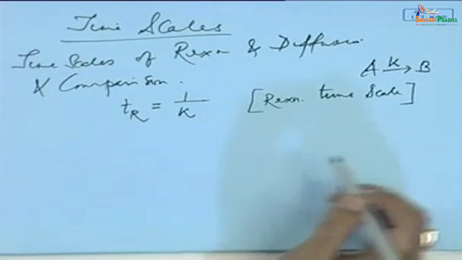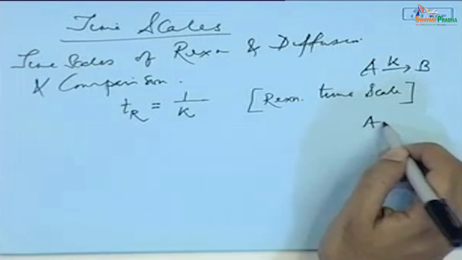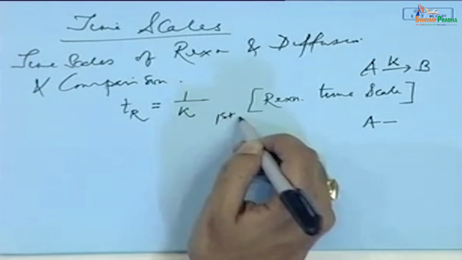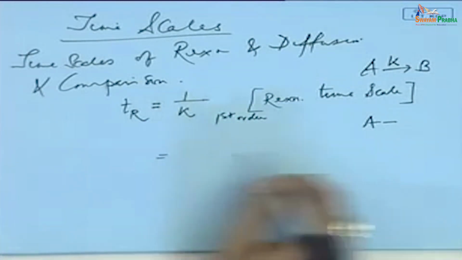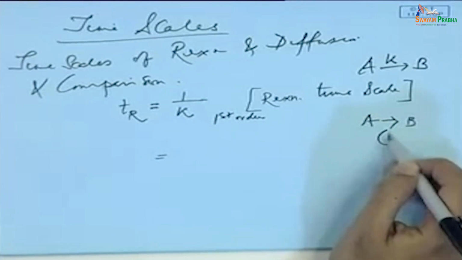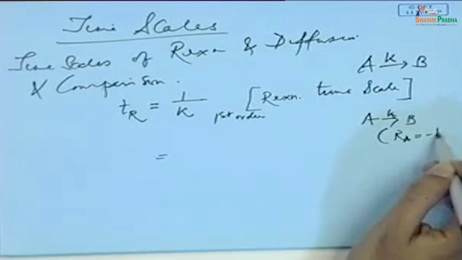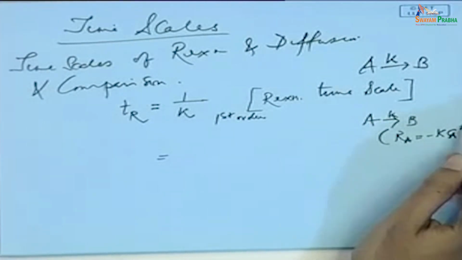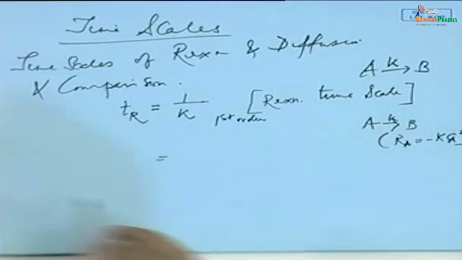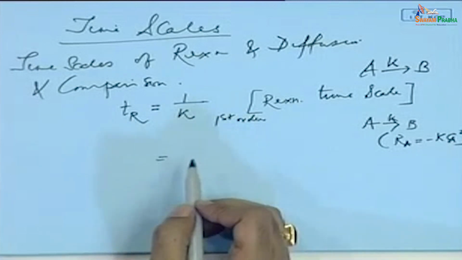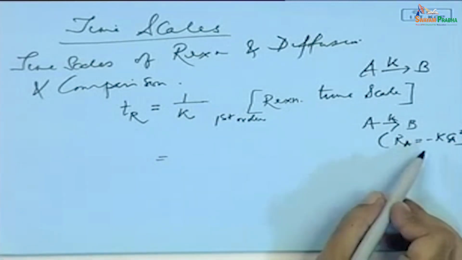And if it is second order, say this is first order, and A going to B with rate R_A equals minus k C_A square. If it is second order, then what is the unit of k in a second order reaction?